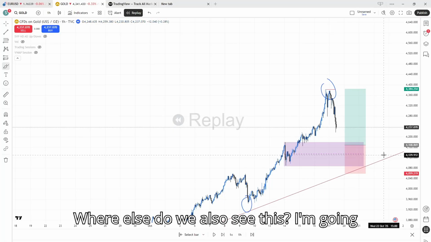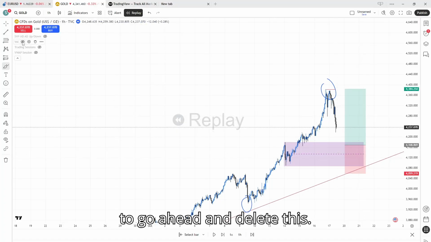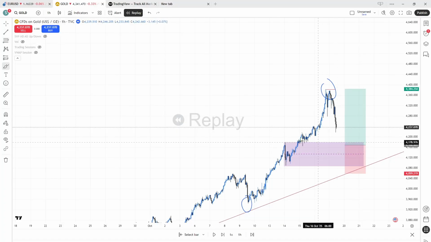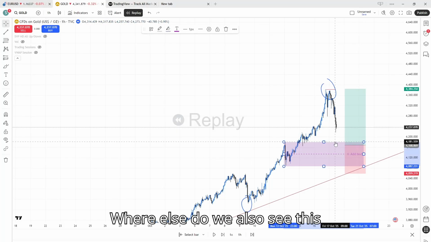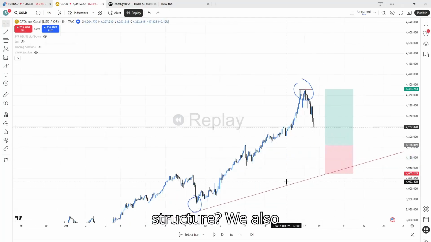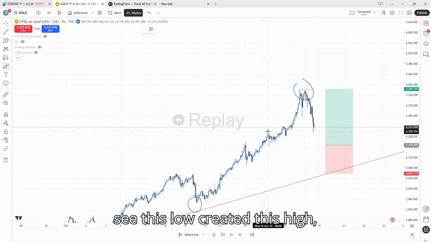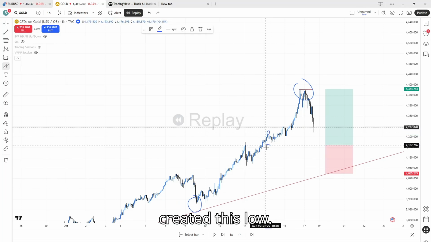Where else do we also see this? I'm going to go ahead and delete this. Where else do we also see this structure? We also see this low created this high, created this low.